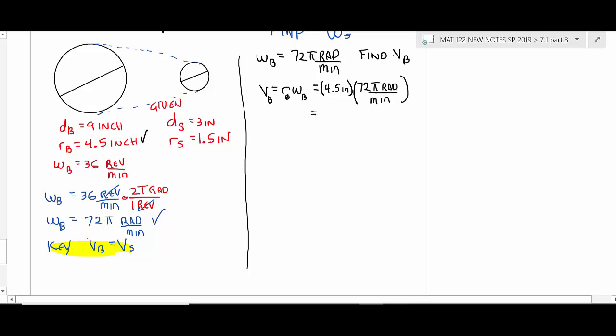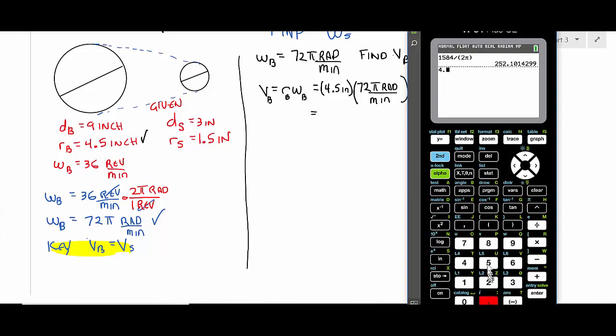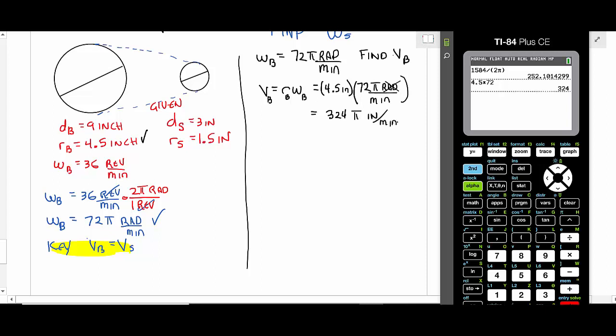I'm going to take my calculator and do that. 4.5 times 72, and I'm just going to leave pi, not use the decimals for pi. That gives me 324 pi. Radians is not a unit, so it's actually inches per minute. Okay, so we got that.